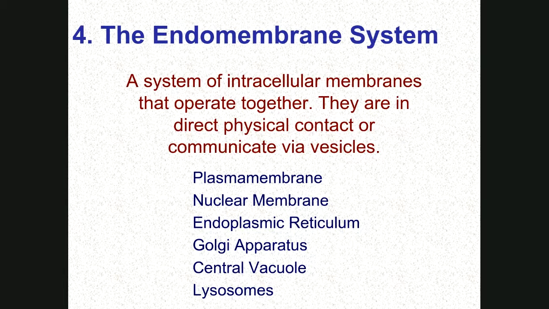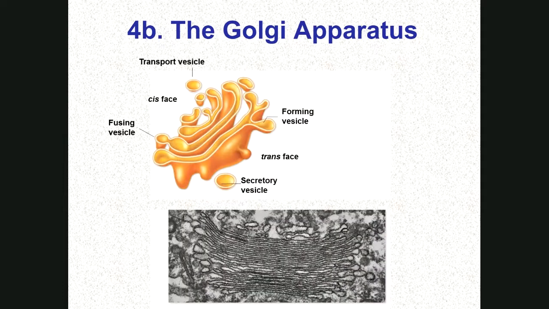This is how they work with each other. They communicate either continuously or by vesicles: plasma membrane, the nuclear envelope, the endoplasmic reticulum, the Golgi, the central vacuole, lysosome. That's it. Any other organelle outside of the endomembrane system, they will not work with it. So the vesicles coming from the Golgi will not go to those that are not part of the endomembrane system. I'm making myself clear, please.